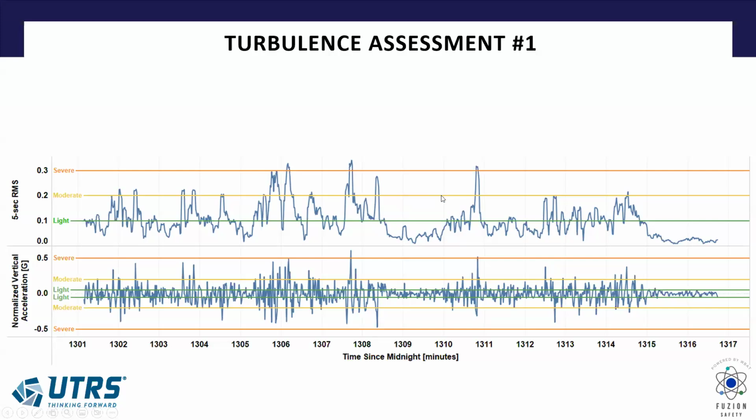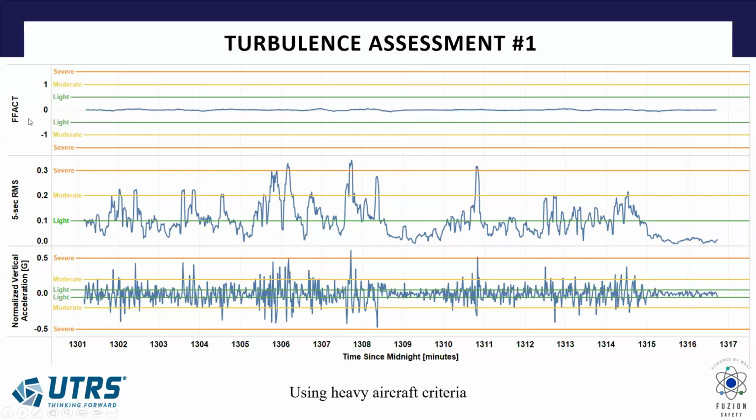And then using that same equation for F factor, it's looking at winds, not vertical acceleration, and it's barely getting close to the criteria of the large aircraft. So that's just telling me that large aircraft handle turbulent wind a lot easier.